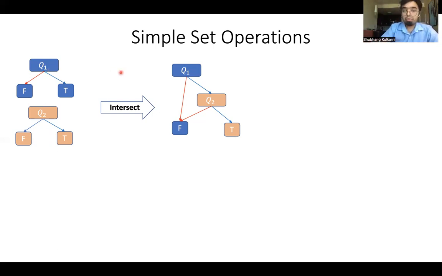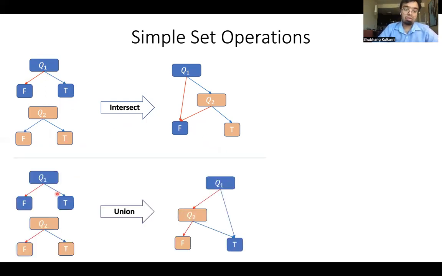Now you know that any point in this intersection must satisfy all the constraints of the first PBDD and the second PBDD. So the natural way to perform intersection is to redirect all the arcs into the true node to the root of Q2, and we get the PBDD of the intersection.